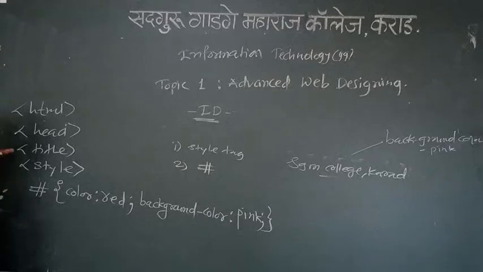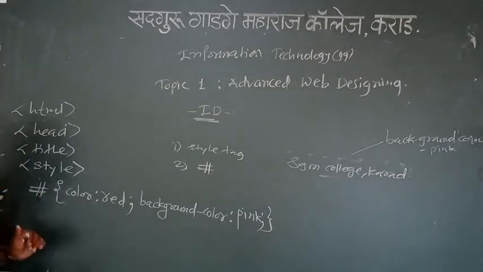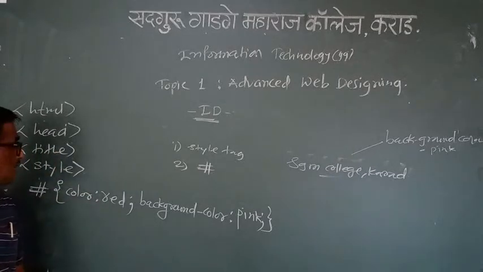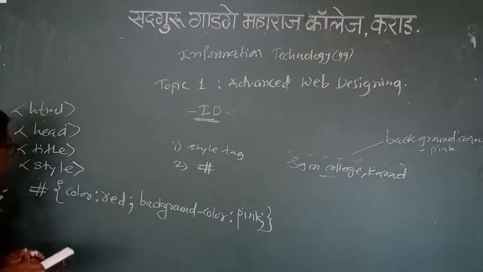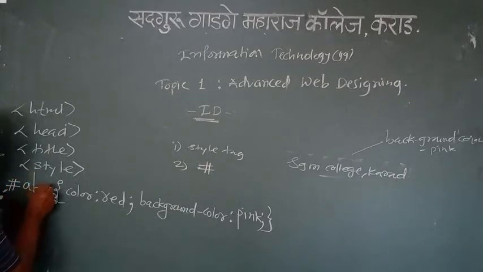See here, what we have to do: in the head tag we write the style tag, and in the style tag we use first the hash symbol, and after that symbol, the name of the ID, for example ABC.